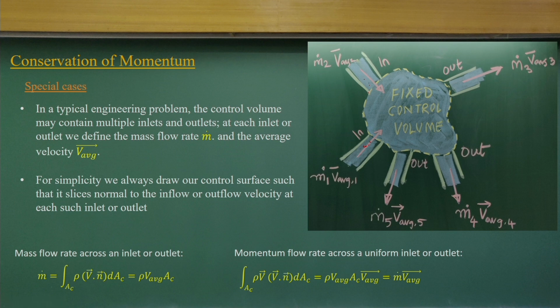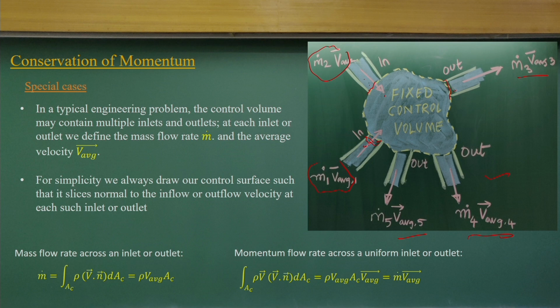Through this control surface, we are talking not only about the mass flux coming into this control volume, but also the momentum flux. The momentum flux will be the mass flux, mass per unit time, into the velocity. So, through this we know the momentum flux coming in, and through these the momentum flux going out.